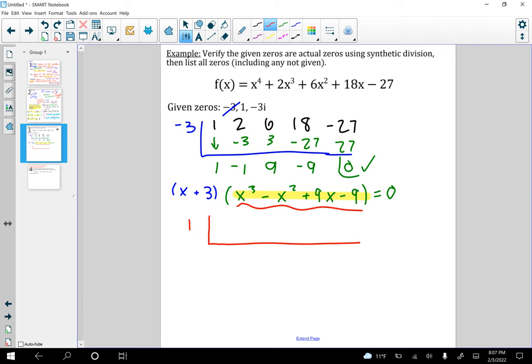So let's do that. Again, I'm setting up synthetic division using these new coefficients. So I'm going to do this quickly again. Aha, another remainder of 0. So what that tells us, we still have that x plus 3 that we factored out already.